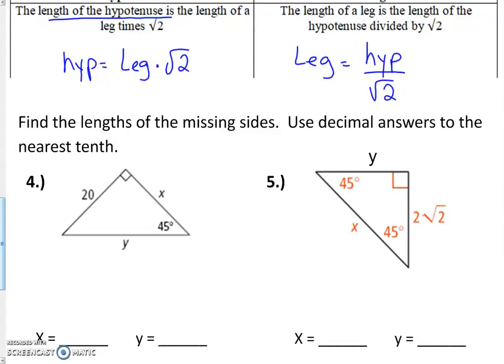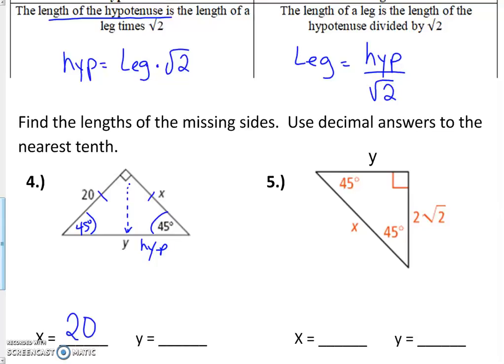All right, so I have a 45-degree angle, which means that this other angle has to be 45 degrees because I have a right triangle. The legs of the 45, 45 right triangle are equal, so my x value is equal to 20. My y is my hypotenuse because it's opposite of the right angle. The square always points to the hypotenuse.